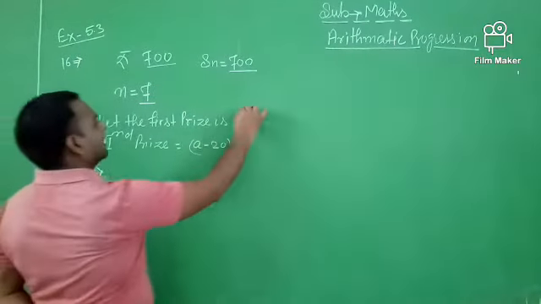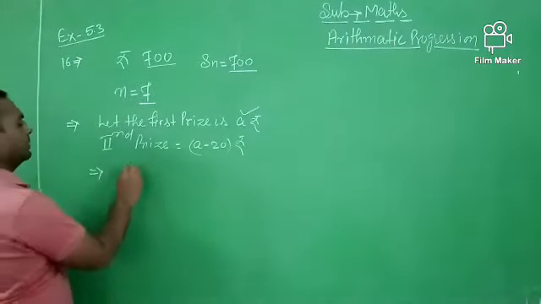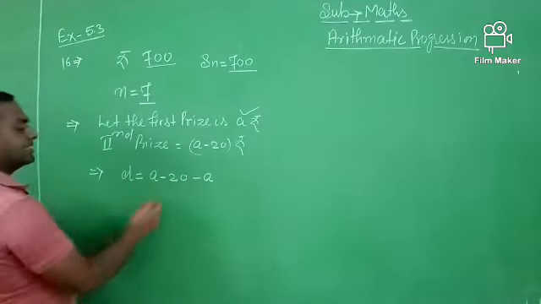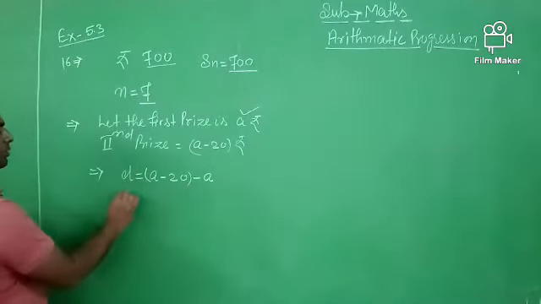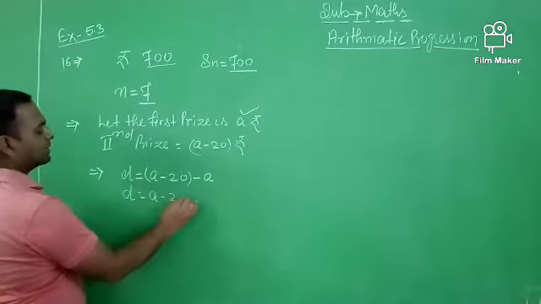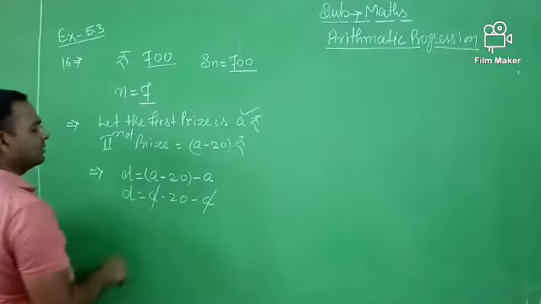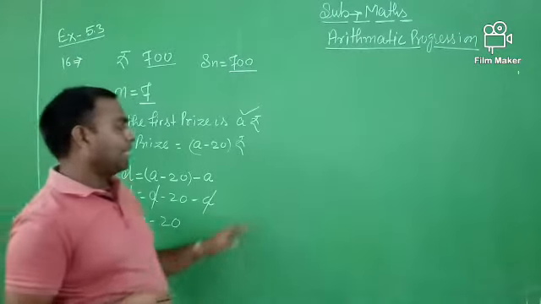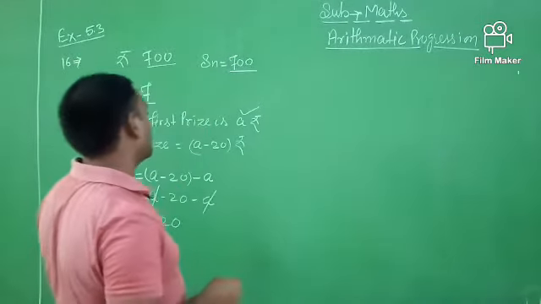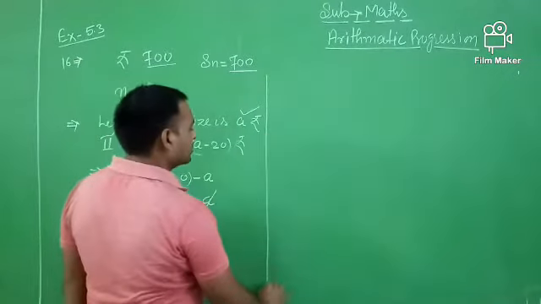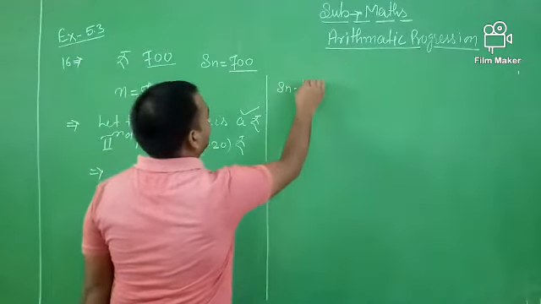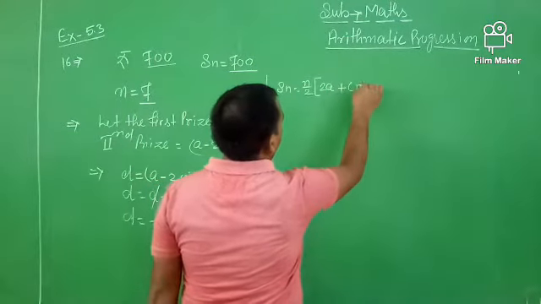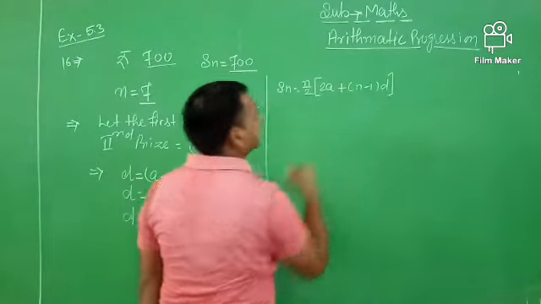The first term is a, and d is equal to a minus 20 minus a, that is, second term minus first term. So d is equal to a minus 20 minus a, a is cancelled by a, and d is equal to minus 20. So if you apply the formula for the sum of n terms of an arithmetic progression, Sn is equal to n by 2 bracket 2a plus n minus 1 into d.